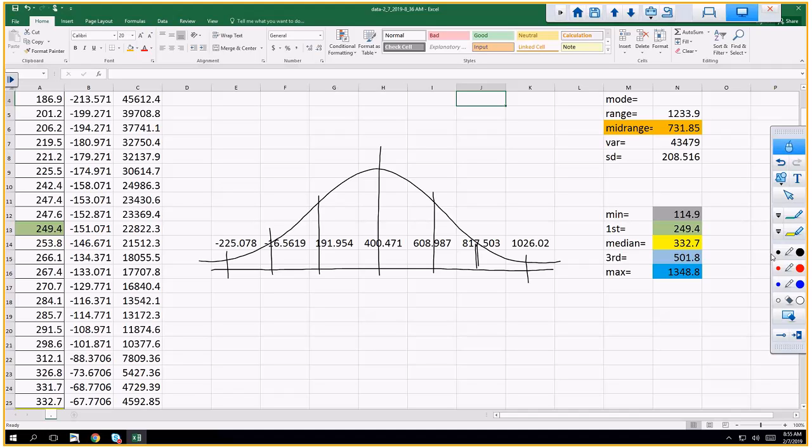Middle of your number line. Let's write that down since 90% of you did not interact with me. Mid-range is the middle of the number line. Did everybody write that down?